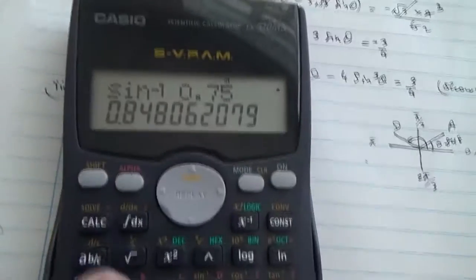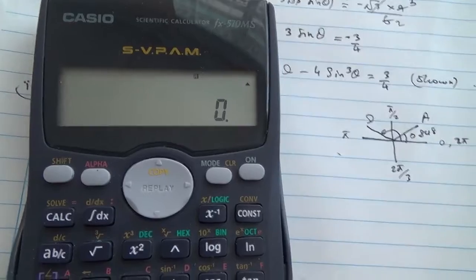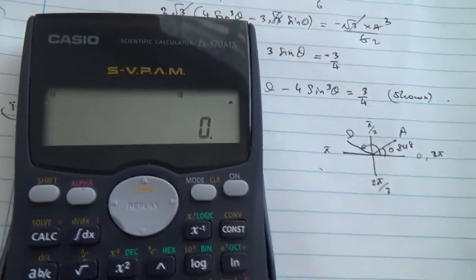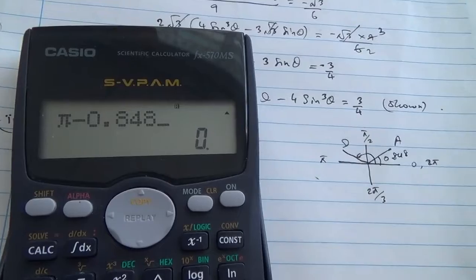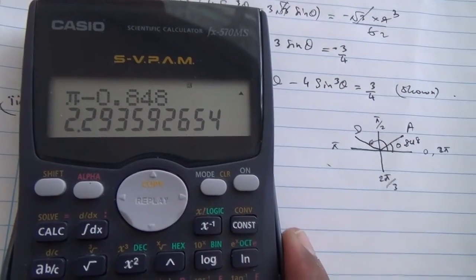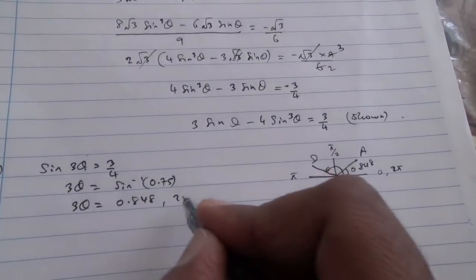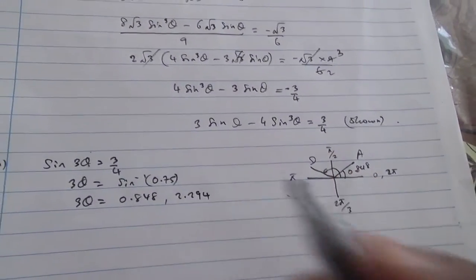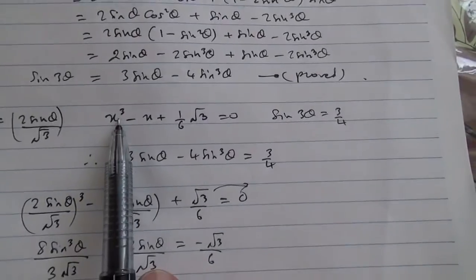You're going to take pi minus the basic angle 0.848. You're going to end up with 2.294. Now, because this is a cubic equation, if you look at it carefully, it's x cubed.